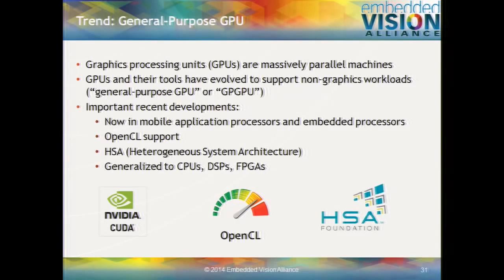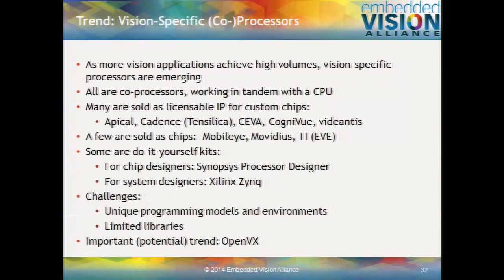And so you can't take that code from an NVIDIA GPU and move it over to an AMD GPU or an Imagination Technologies GPU that's in your iPhone or something like that. With OpenCL, you have the ability to move from GPU to GPU, and not only on GPUs, but move to FPGAs, DSPs, and other kinds of sort of data parallel processing-oriented architectures. So more and more attention is going into using GPUs for these applications now.